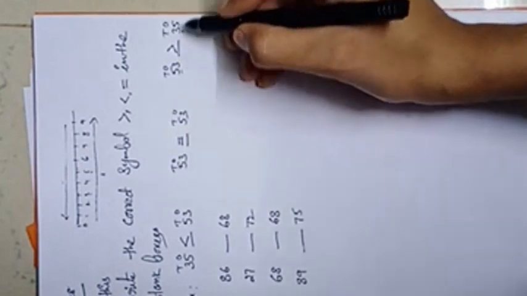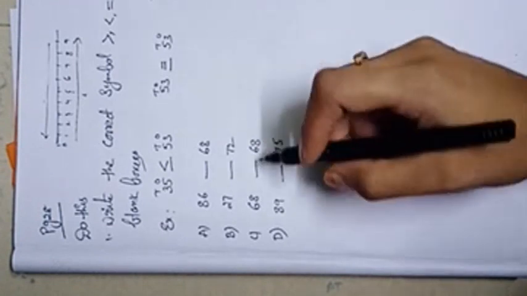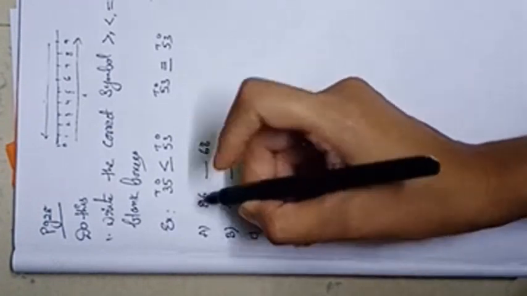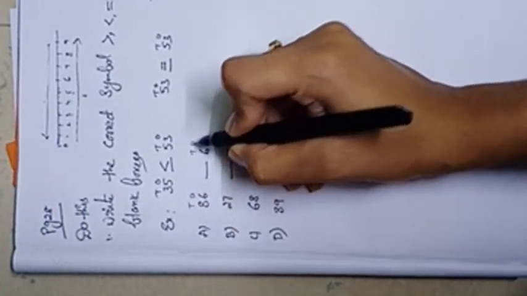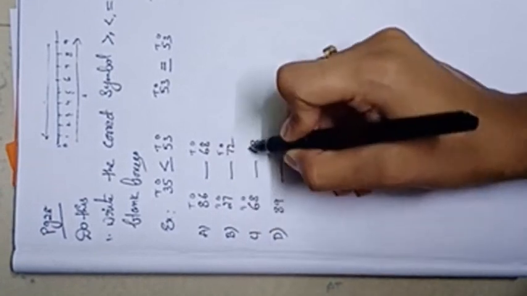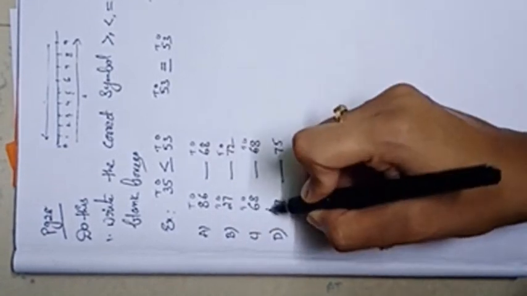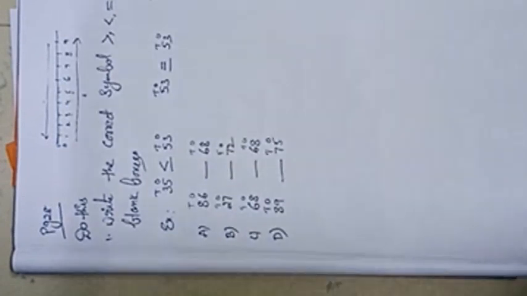So 53 is greater than 35. Now you have to help me to solve the remaining questions. Are you ready, children? Let's start. First, what do I have to do? First, I have to write the places of the digits. Tens, ones, tens, ones. Okay, children?